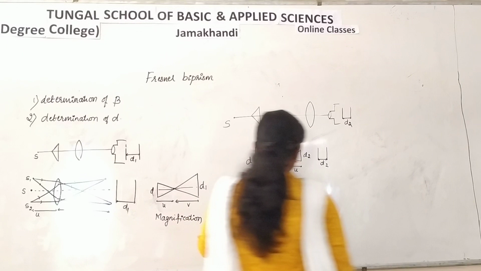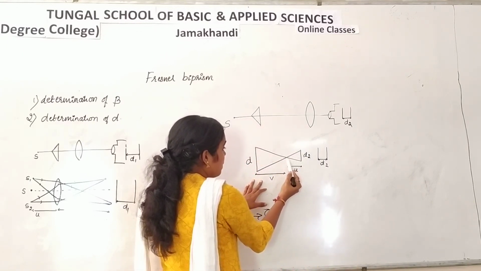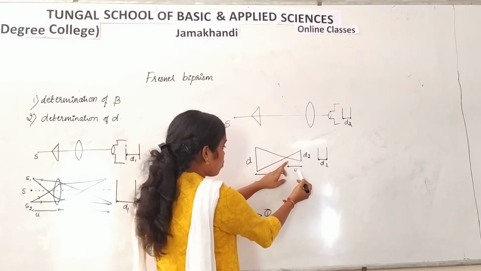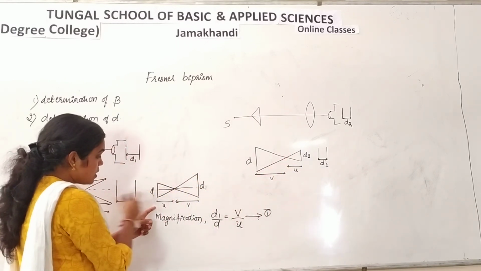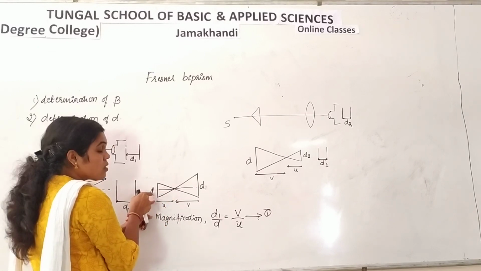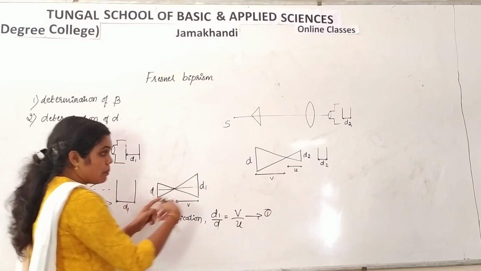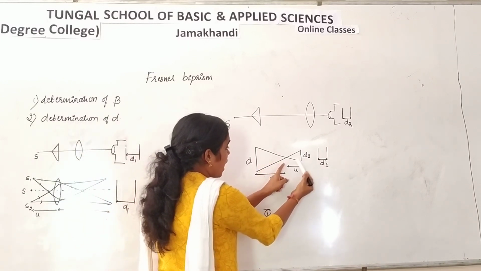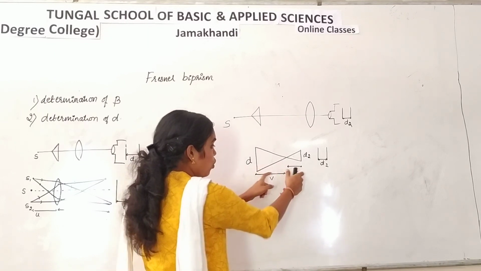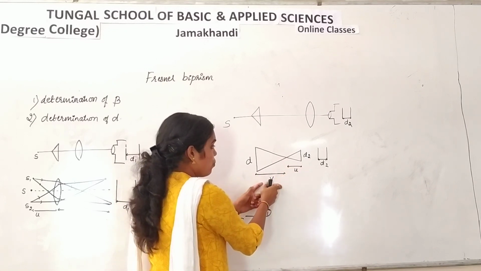From the geometry, from the eyepiece to the convex lens, this distance will be equal to the distance u. In the first case, from the source to the convex lens, this distance is equal to u. But in this case, from the eyepiece to the convex lens, this distance exactly will be equal to u. This distance becomes u and this distance becomes v.